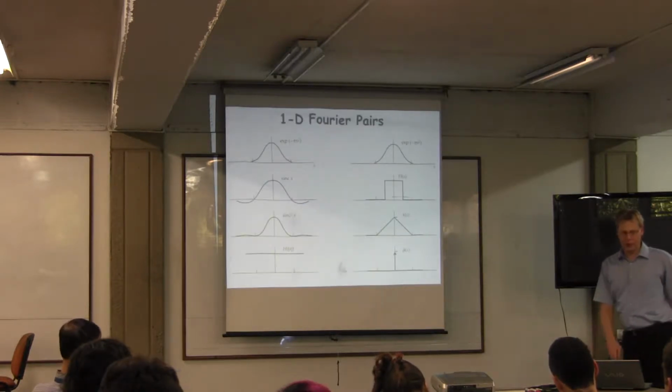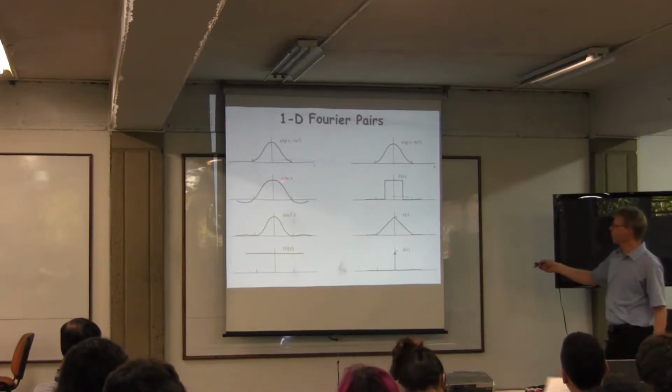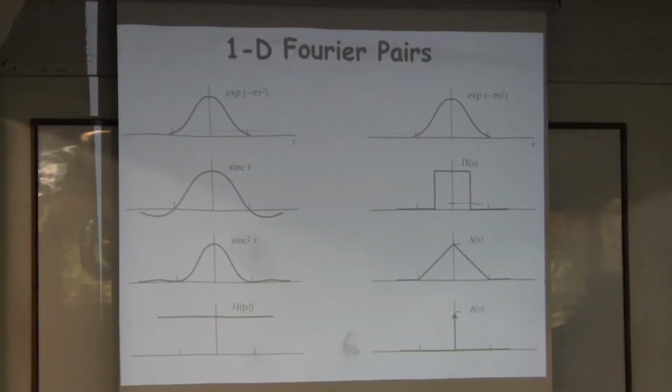Okay, let me show you some other examples, just to illustrate the idea. This is what we just discussed. And since we said you can transform back and forth, it doesn't actually matter what you say f of x is and what capital F of s is. It's interchangeable at some point. Well, this is close to a Gauss function, and the Fourier transform of a Gauss function is a Gauss function. And the only one I would like to highlight here is the mathematical delta function, which is essentially flat and has a Fourier transform over all frequencies.